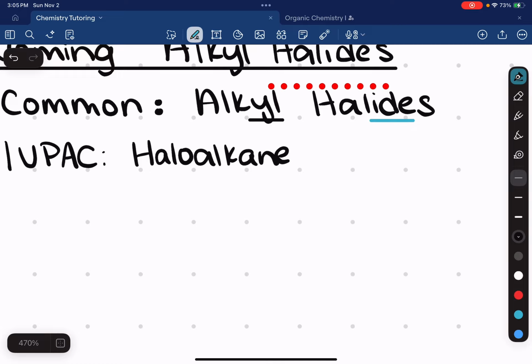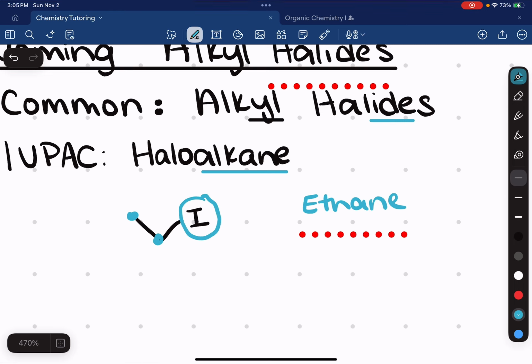So if we've got something like this, right? This is only 2 carbons. So our alkane group is ethane, right? And then our halo group is iodine.